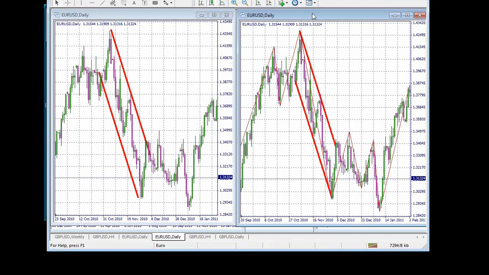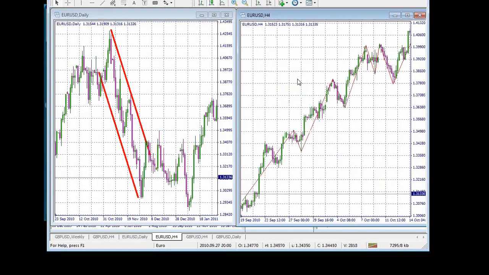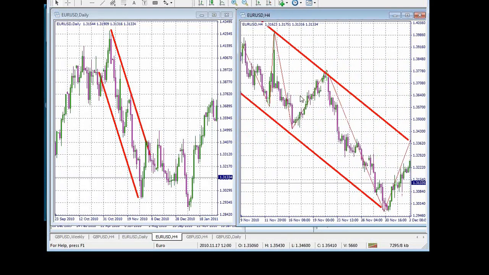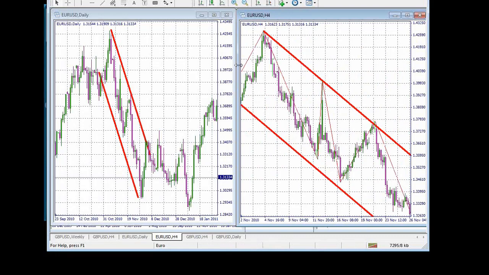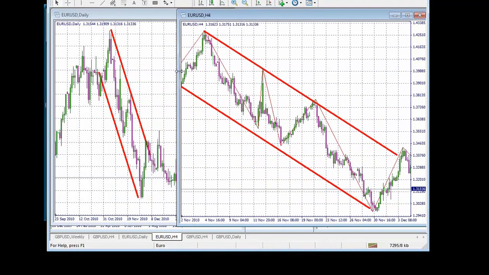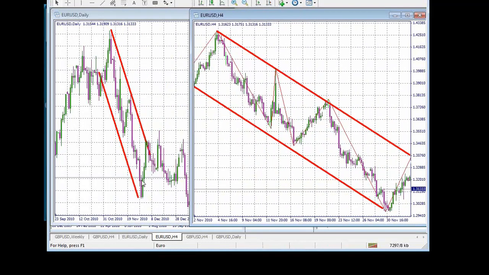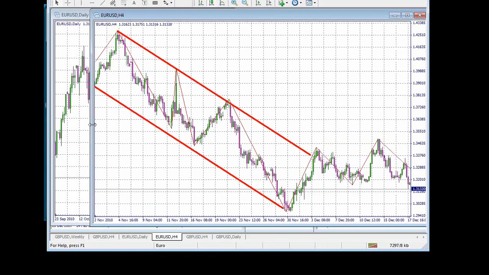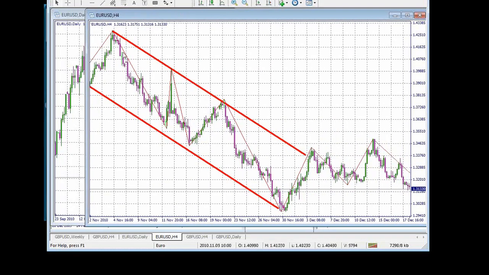I will go into a smaller chart like the hourly, and if here on daily we have one impulse, we will go for details on the smaller time frame. So here is what we have.